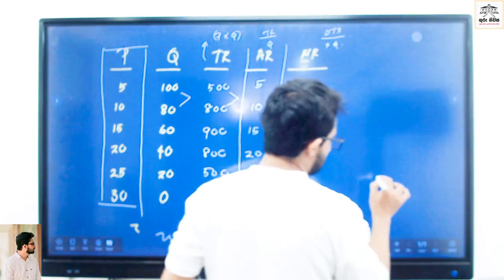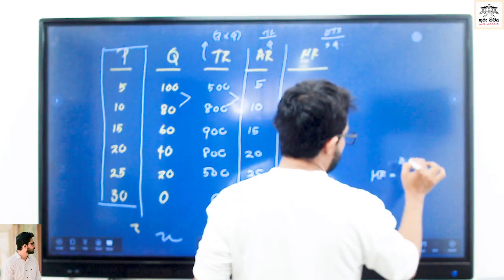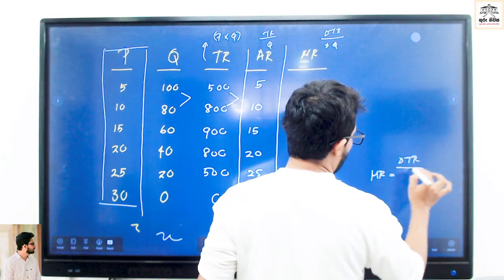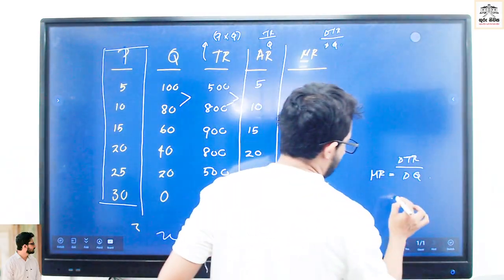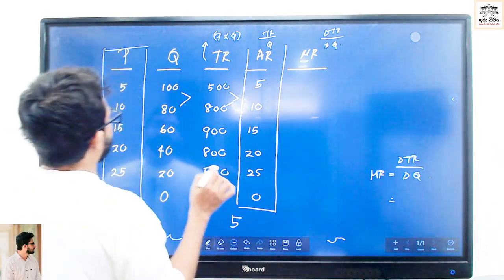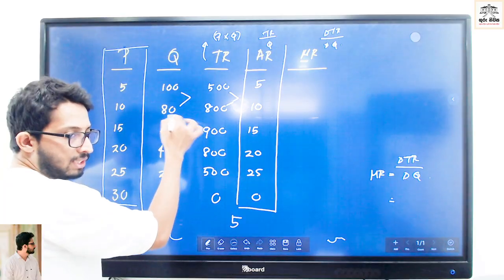MR equals change in total revenue over change in quantity, right? Here, when moving from output 100 to 80, you can see change in quantity is 20.